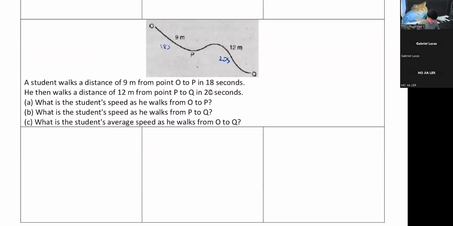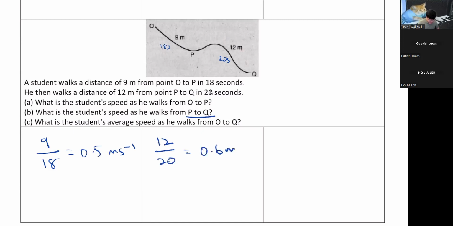From O to P, that would be distance divided by time. Right, 9 meters in 18 seconds. So that would be 0.5 meter per second. And then from P to Q, same thing, distance divided by time. So you will get 0.6 meter per second.